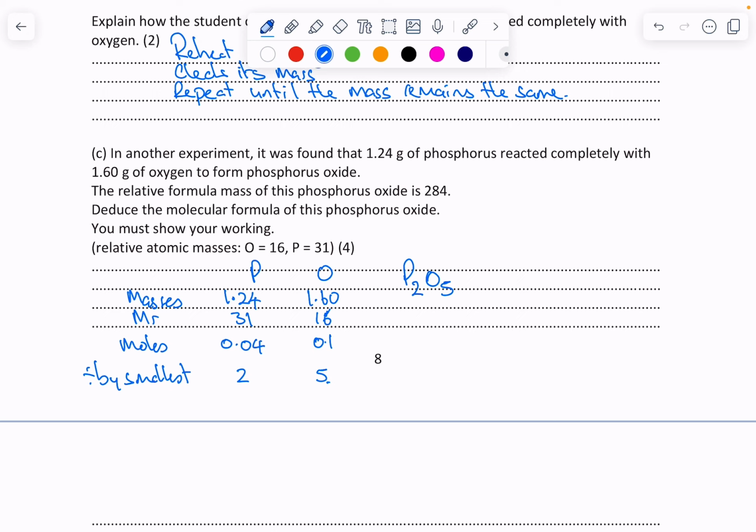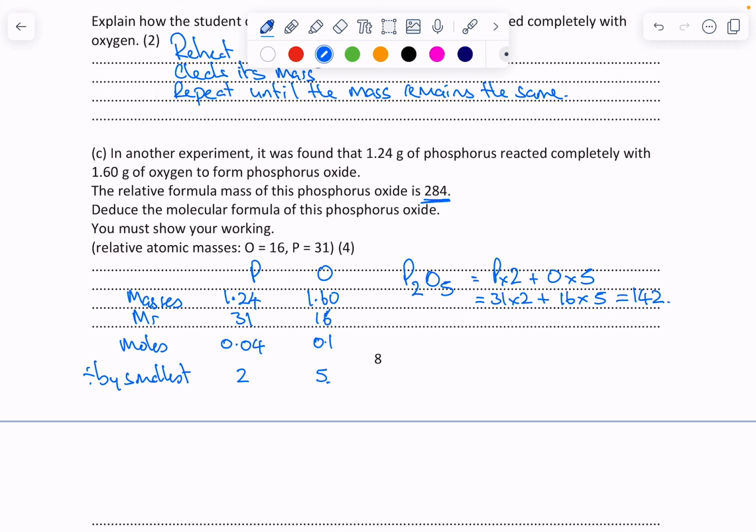Now I need to work out the mass of this formula. So we've got phosphorus times 2 and oxygen times 5. So phosphorus is 31 times 2 and oxygen is 16 times 5. When you work all that out, you get an answer of 142.